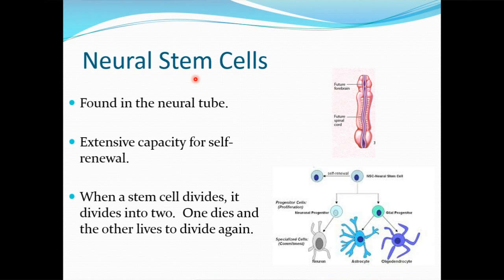But when a stem cell divides, it divides into two, and the one dies, and the other one lives to divide again. Okay, so here you have a little stem cell. It can renew itself, but it can divide into either a neuronal progenitor or a glial progenitor, which means it could become a neuron or a glial cell like an astrocyte or an oligodendrocyte.